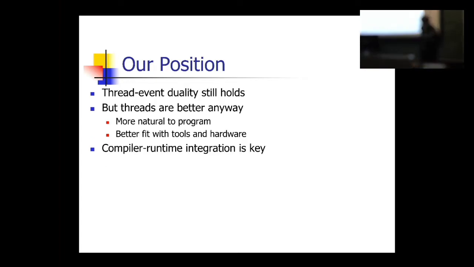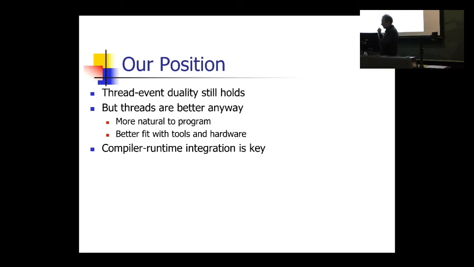The position of the people giving this talk was something that I will introduce in a moment. The assumed audience of this talk is operating systems researchers, so the talk is at a pretty high level of assumed knowledge. Thread-event duality is the observation that you can transform a thread model into an event model and an event model into a thread model with a simple transformation between the two.